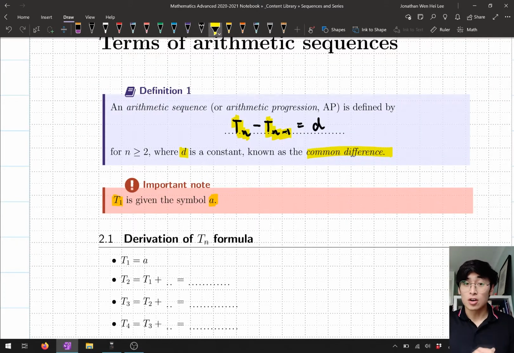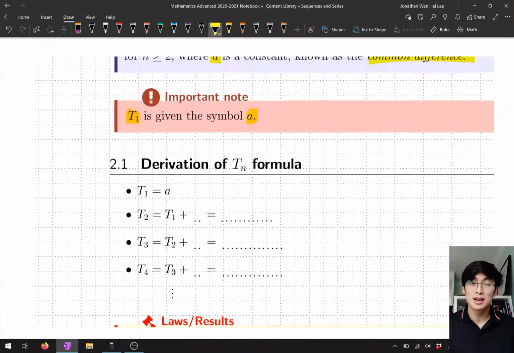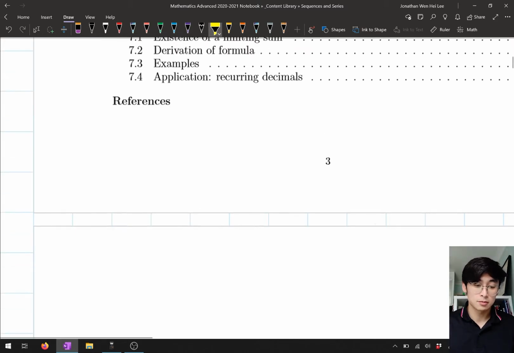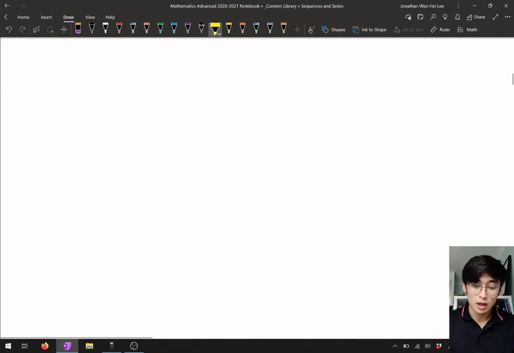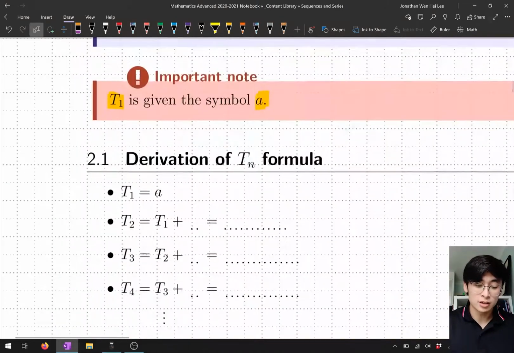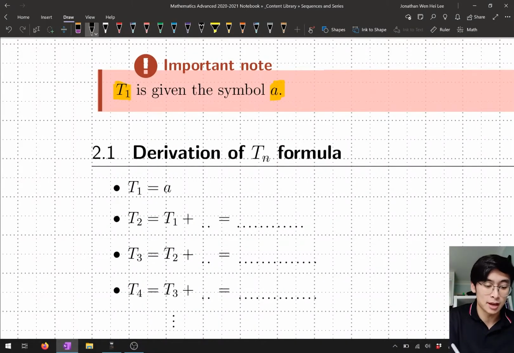Okay, so if we want to get the nth term in our arithmetic progression, there's a way that we can derive it. If I start from my first term, T1, that's A. If I want to get to the second term in my sequence, all I need to do is take my first term and add that common difference, because I'm going up by that same amount each time.